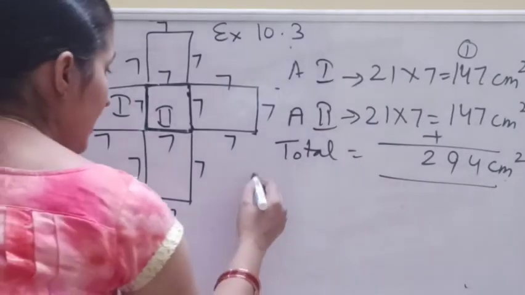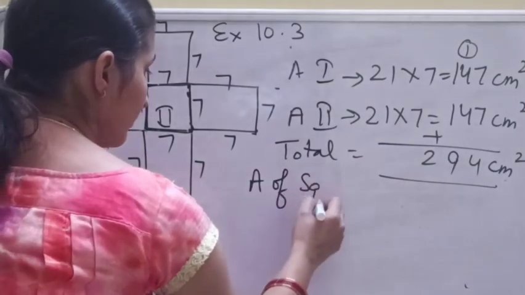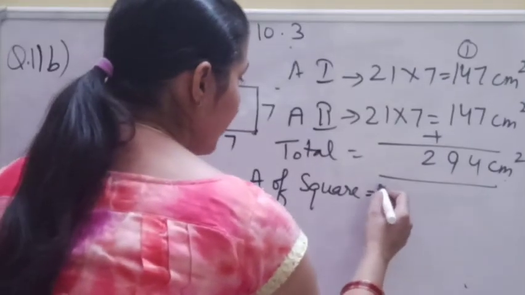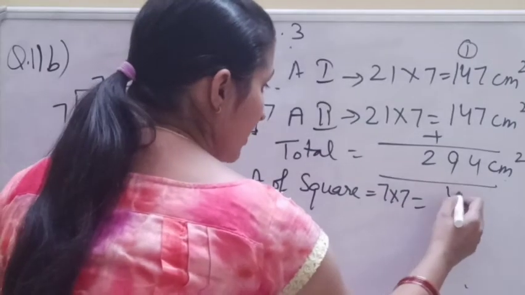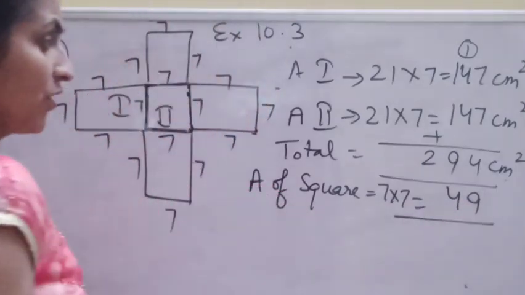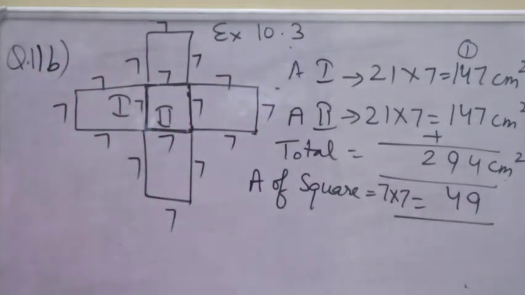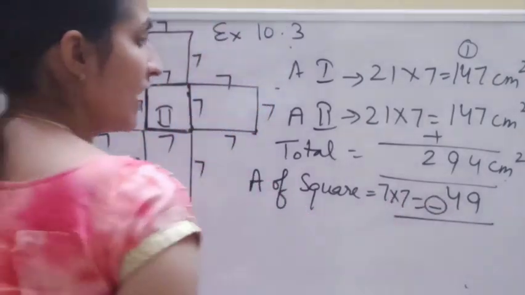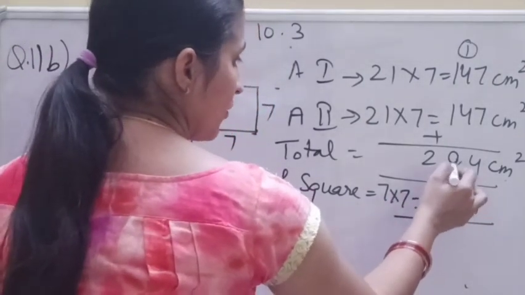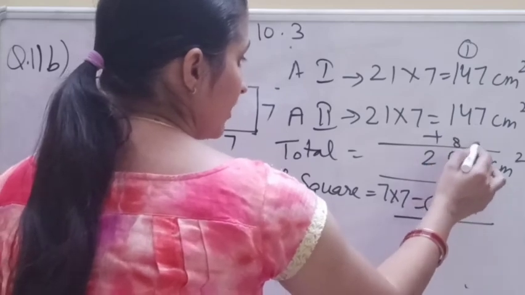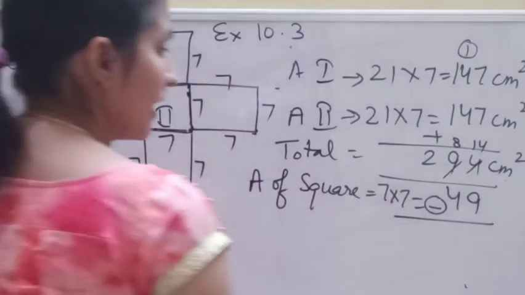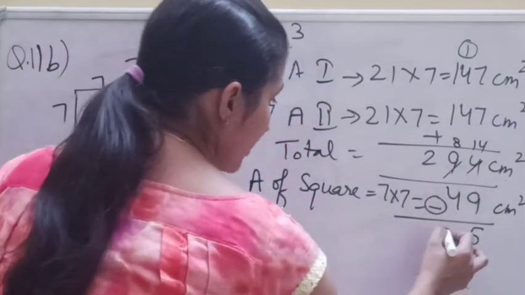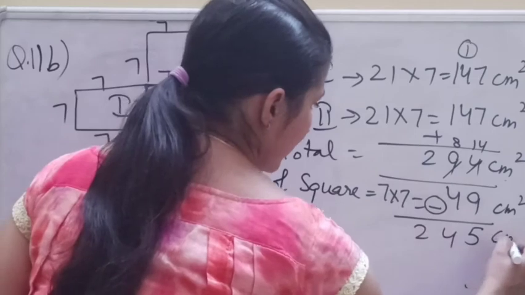So what is the area of a square? Side into side, 7 into 7, and 7 into 7 is 49. So if we subtract this from total, then we have it only one time. So let us subtract. 4 minus 9 is not possible, so this will become 14. 14 minus 9 is 5. 8 minus 4 is 4, and centimeter square as it is.